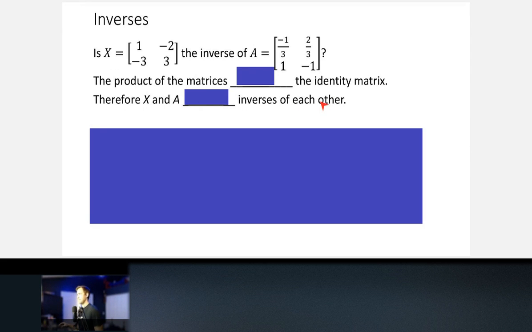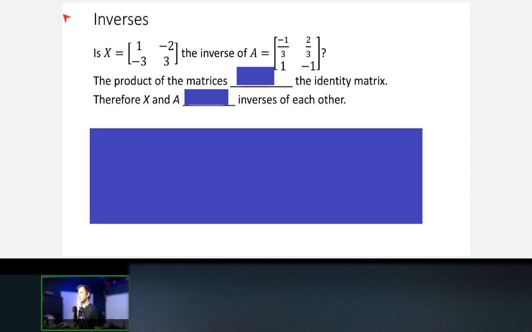So how do we know these are inverses of each other? We can multiply them, and when you multiply them, what do you get? So if you multiply them, if you get the identity matrix, it tells us they are inverses, right?